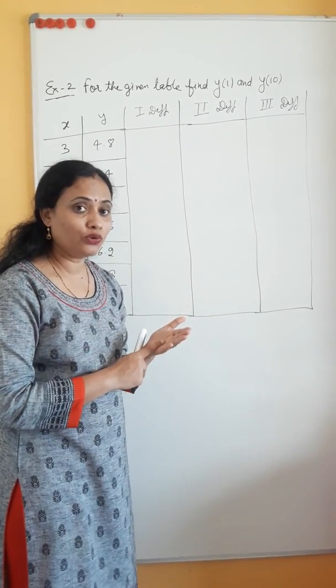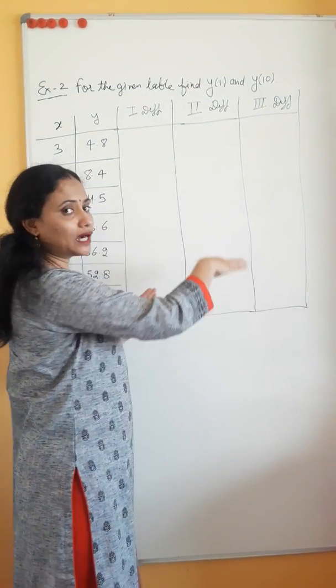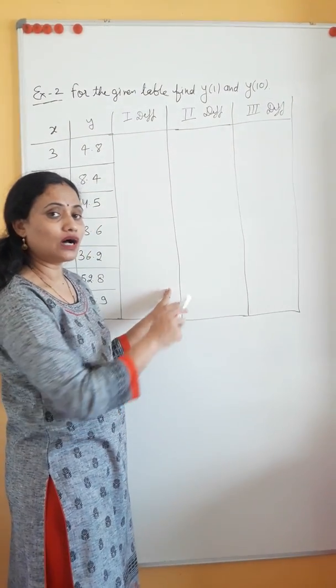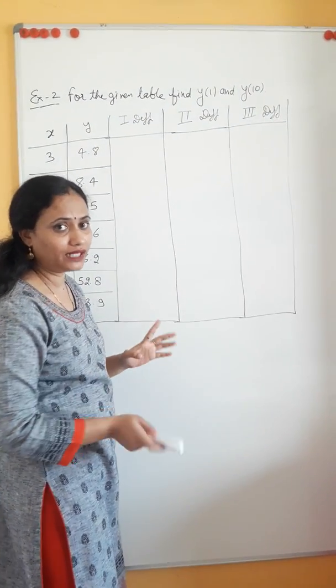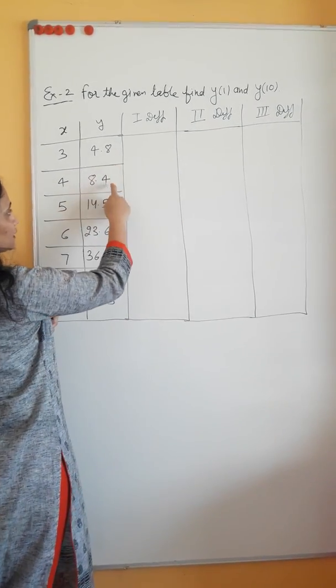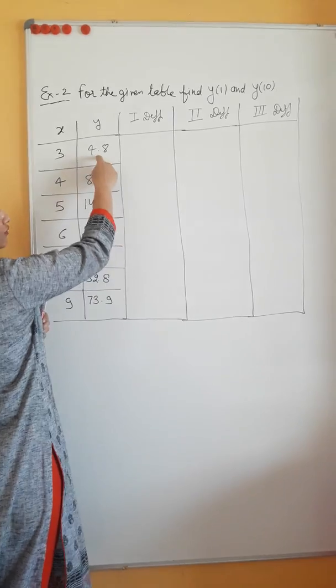As we know, in the computational part there is no difference, just a symbolic difference. How to understand that, I will explain later. So first, let's construct the table. The first difference is always defined as the difference of these two.